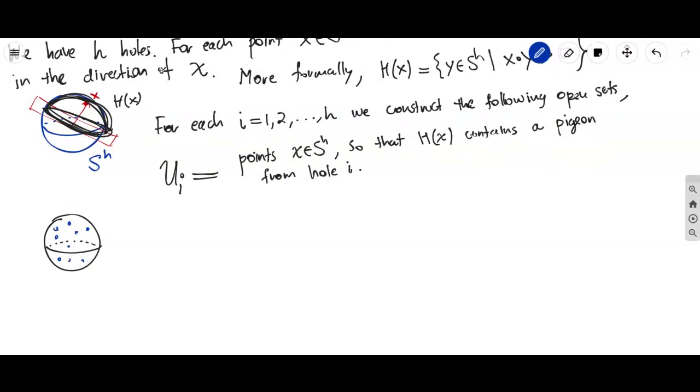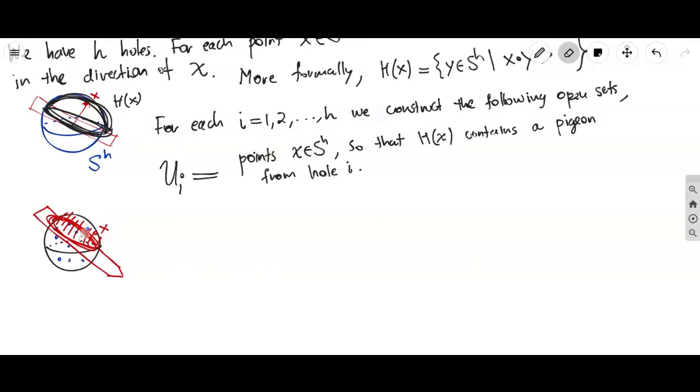Then if you pick a point x, you're going to draw the hyperplane that cuts through it. So you get your hemisphere. And when you get your hemisphere, some of the items, the points in blue, are part of that hemisphere, and some of them might not be.